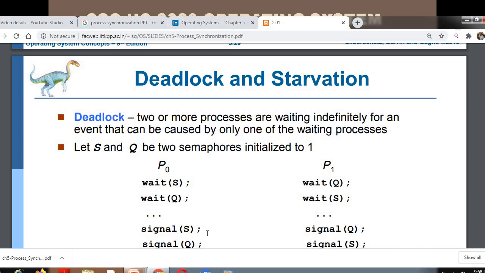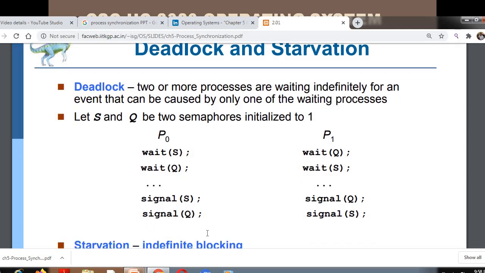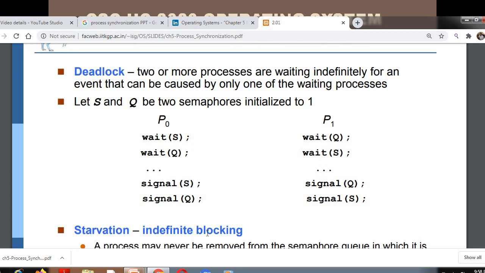Let S and Q be semaphores initialized to 1, with P0 and P1 two processes. P0 does wait(S) and wait(Q), and P1 does wait(Q) and wait(S). Then signal(S), signal(Q), and signal(S). These are in a deadlock situation.